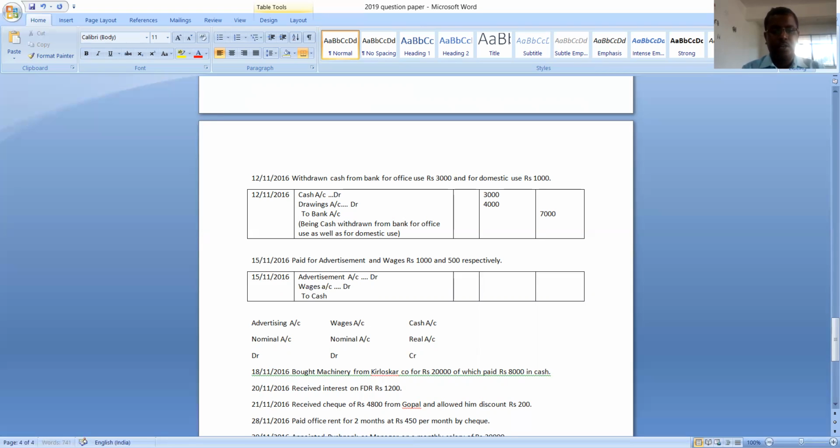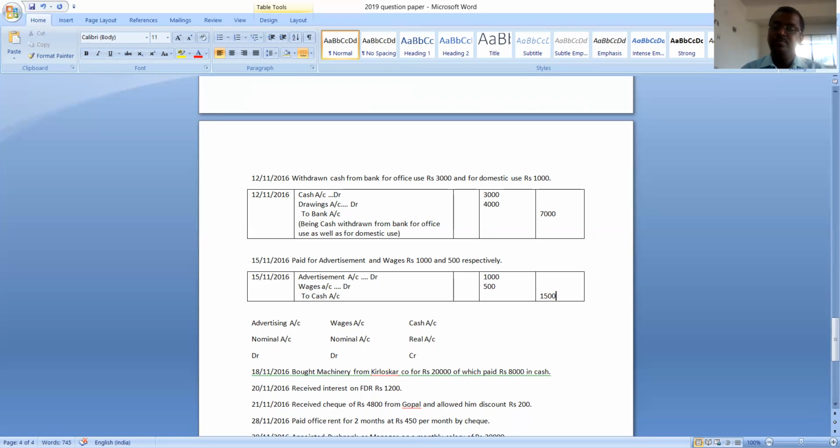To cash account, because cash is going out of the business. It should be credited. So how much we have paid for advertisement? 1,000 rupees. How much we have paid for wages? 500 rupees. So totally how much we have paid? 1,500 rupees. Understood?